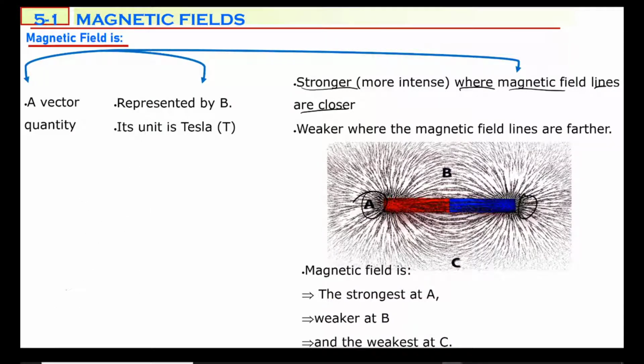The magnetic field is a vector quantity represented by B. Its unit is the Tesla. When the lines are closer to each other, the magnetic field is strongest; a little farther, weaker; and farthest, weakest. So if we put the magnetic fields in order, the magnetic field at point A is greater than at point B, which is greater than at point C.